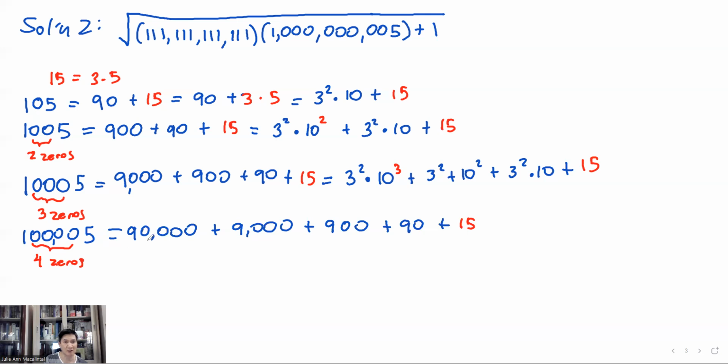So for my exponent, I will use 4 for the power of 10. So this will become 3 squared times 10 to the power of 4, corresponding to the 4 zeros here, plus 3 squared times 10 to the power of 3 plus 3 squared times 10 to the power of 2 plus 3 squared times 10 to the power of 1, or times 10, plus 15.